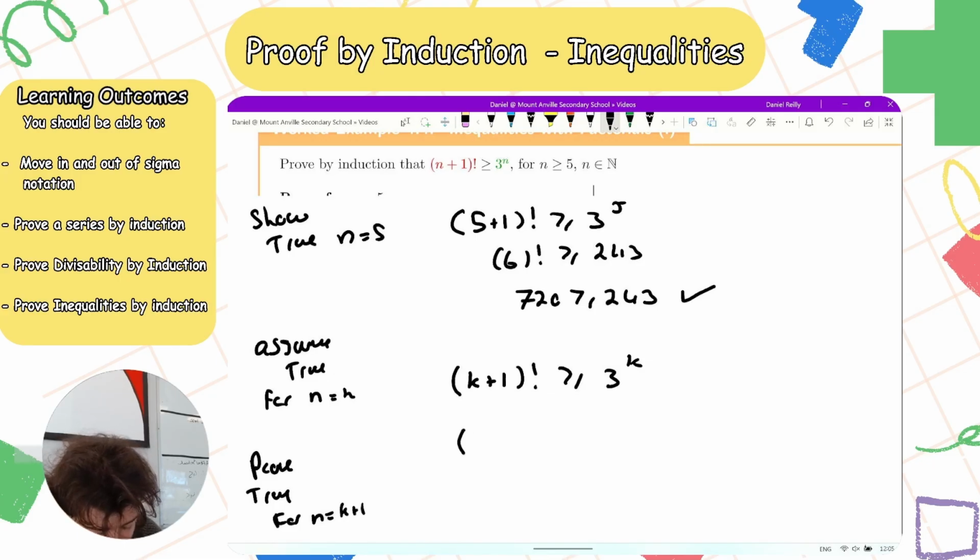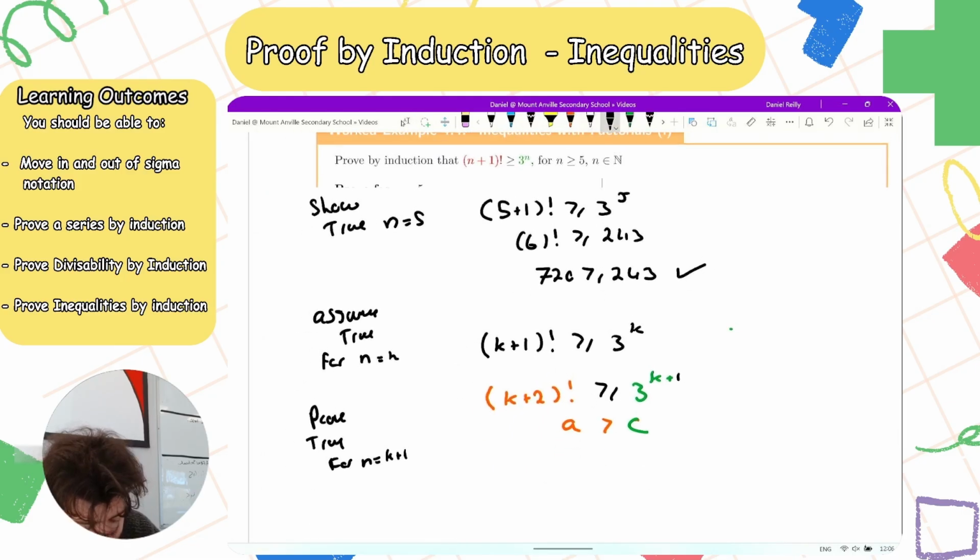So in my bracket here, I'm going to have then (k + 2) factorial is greater than 3 to the k plus 1. So this is my A, this is my C. So A is greater than C. That's what we're trying to prove.